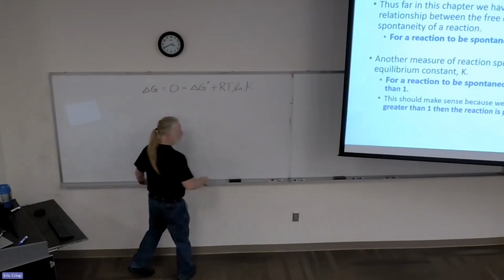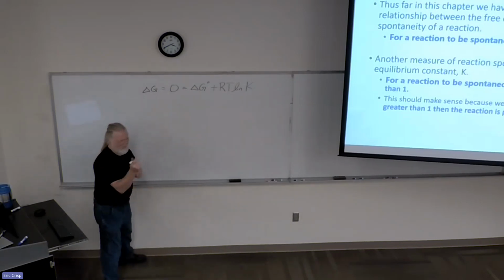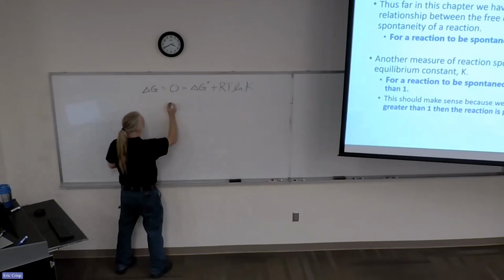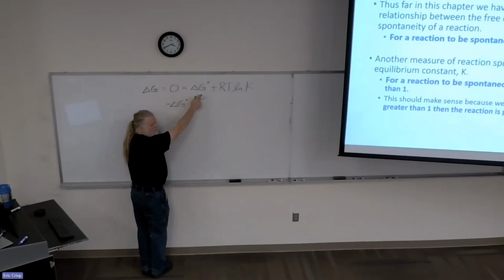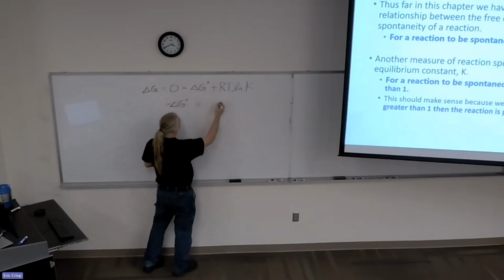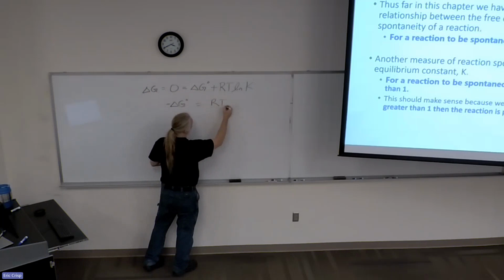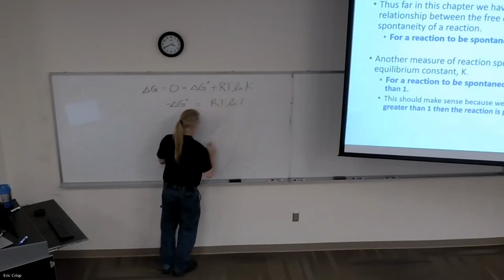Let's do a step at a time. So what do you want to do first? All right, so I'm going to subtract delta G naught from both sides, because delta G is zero. These cancel, leaving me RT ln K.